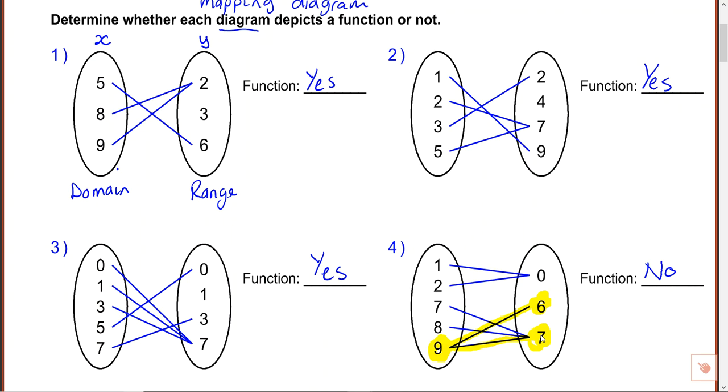Now, 2 different inputs can give me the same output, and it's still a function. But if one input could potentially give me 2 different outputs, well, how does that work? It just becomes a relation at that point.